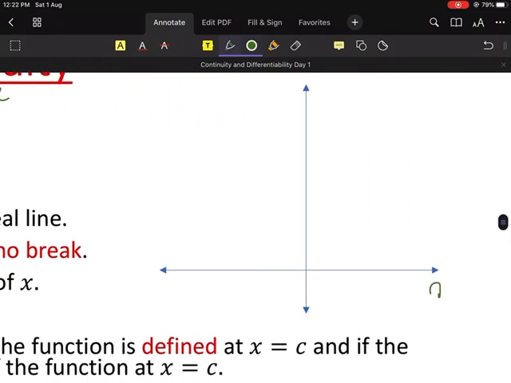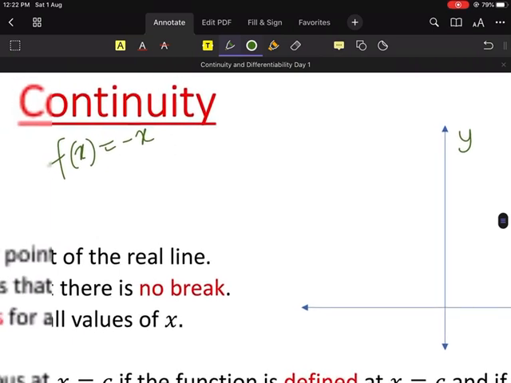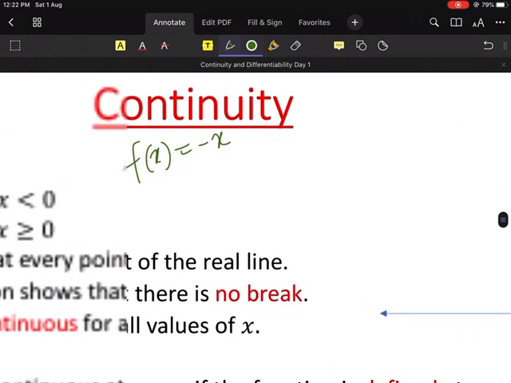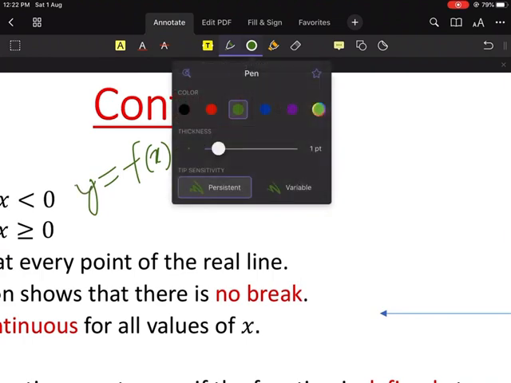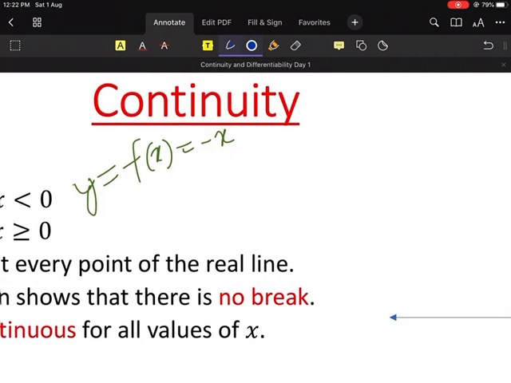This side is our x and this side is our y. When I draw a function in a graph, this fx becomes y. Everyone clear? Fx becomes y. So let's try to draw the diagram of this one.